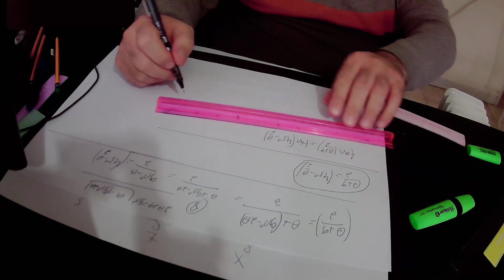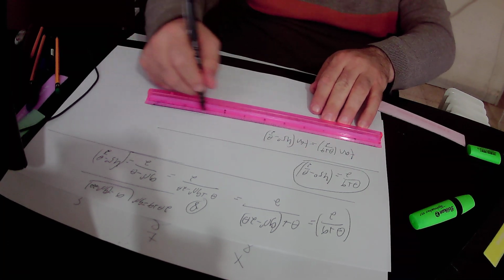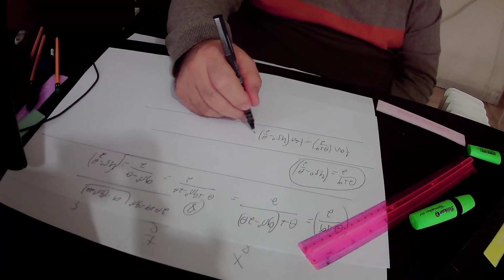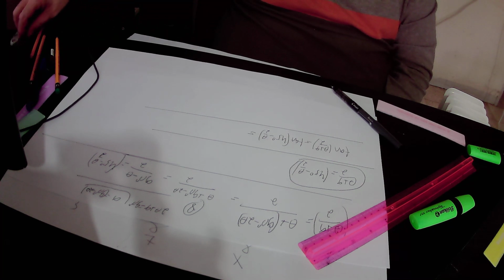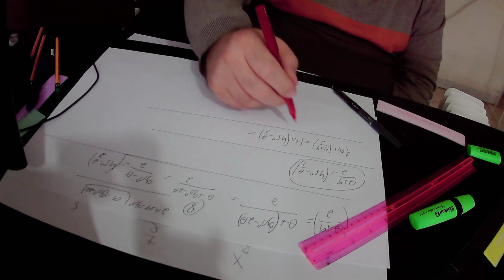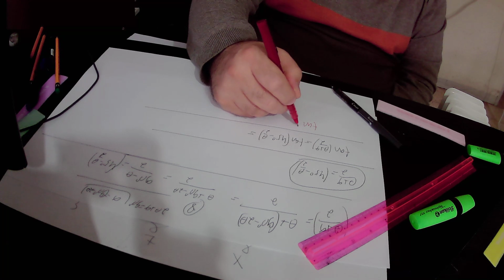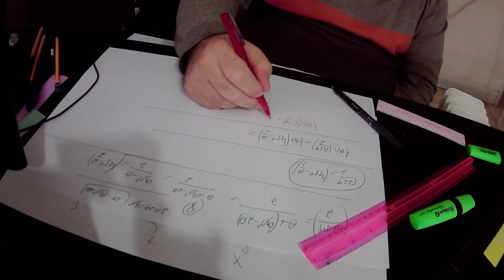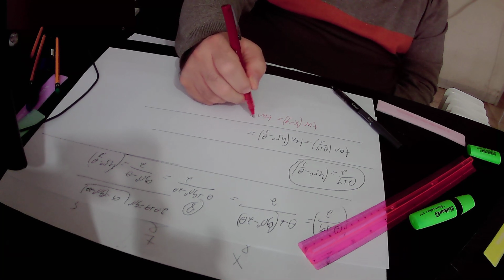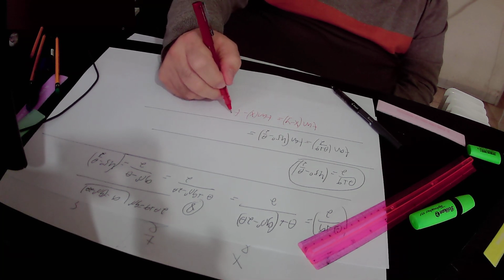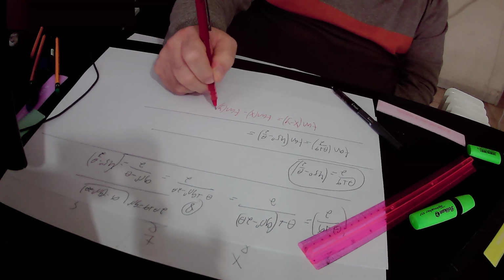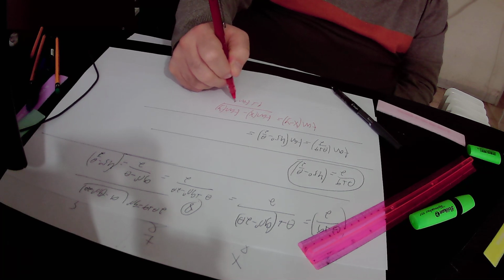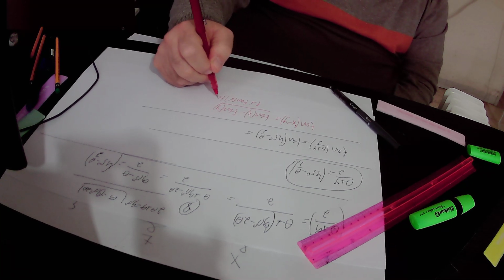And we have the trigonometric identity that states that tangent of x minus y equals tangent x minus tangent y over 1 plus tangent x times tangent y.